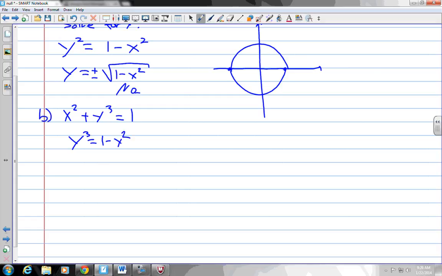But then if you take a cube root, you no longer need a plus or minus because the cube root preserves the sign. So there's no plus or minus. You get a nice, pretty answer. For every x you put in there, you get one y. So that's going to work. There's no conflicting results like that. So yes, a function.